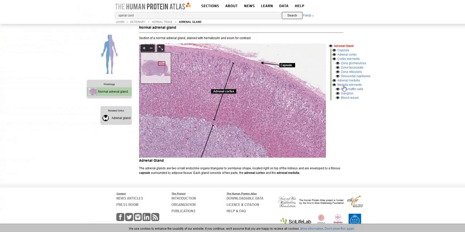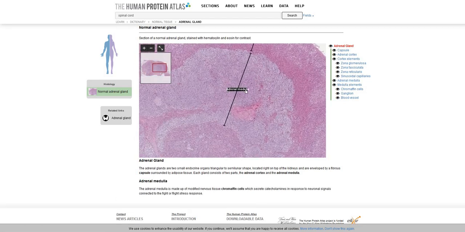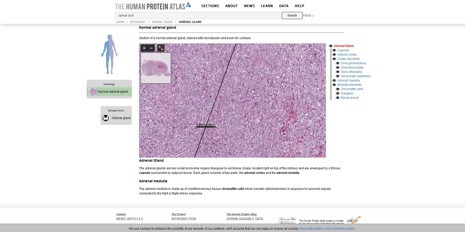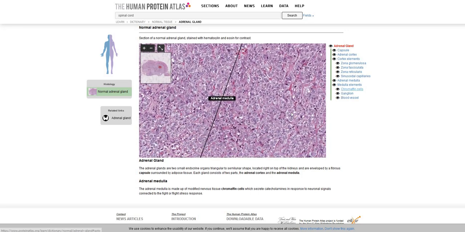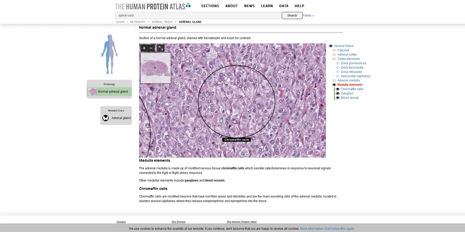In terms of the medulla, so let's switch back to our Human Protein Atlas now. Not too much to see in that innermost medulla. We basically have just a repeating pattern of lots and lots of cells called chromaffin cells. Now, the function of the medulla is to store and produce epinephrine and norepinephrine.